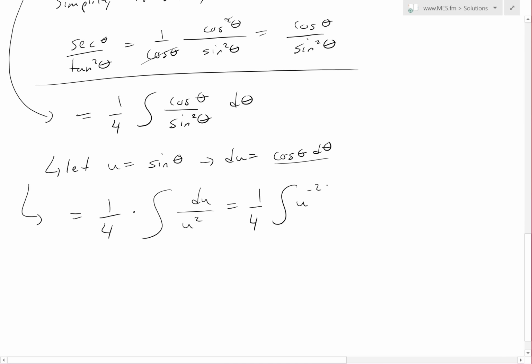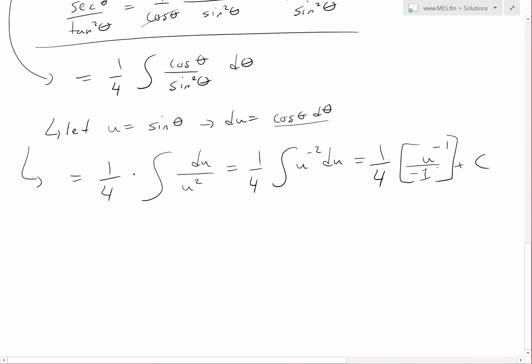This equals u to the power negative 2 du, and now this equals 1 over 4 times the integral of this, which is u, then we add 1 to the power, u to the power of 1, and we divide by negative 1. And we have to add c right here.